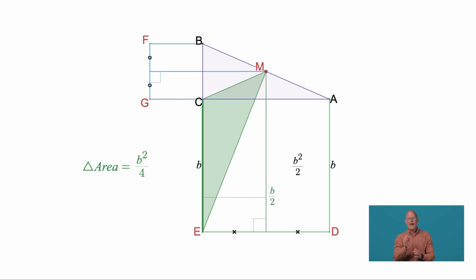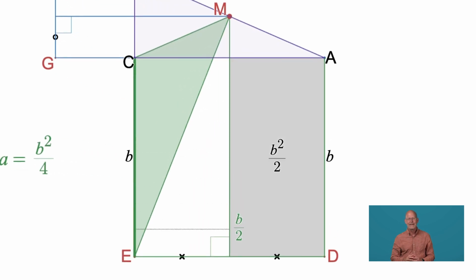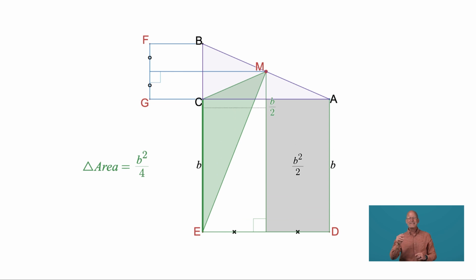We can think of the triangle's area as 1/4 of the entire square's area, or half of the shaded rectangle. This approximation looks reasonable, but we enjoy the satisfaction of knowing it's exact.